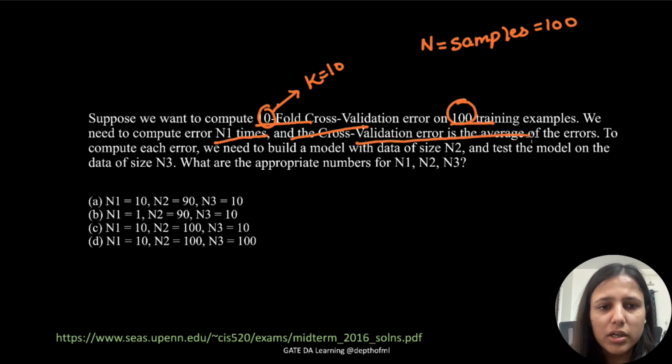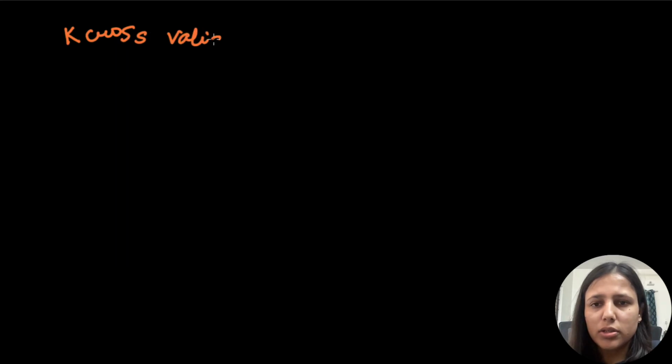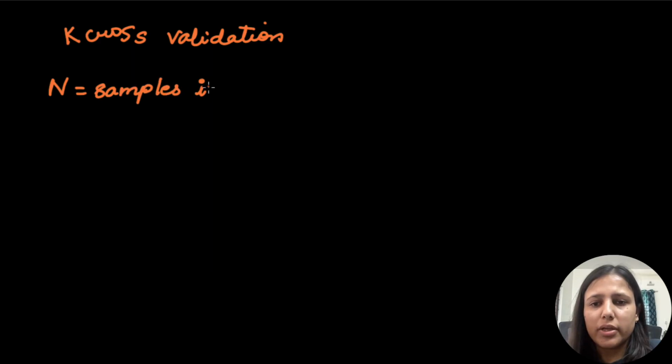So what happens in cross validation is you basically divide. Let's go to a blank page and see what K cross validation is first. So usually in this scenario, what you are given is n, the number of samples in your training. When you want to do K cross validation, there could be multiple reasons.